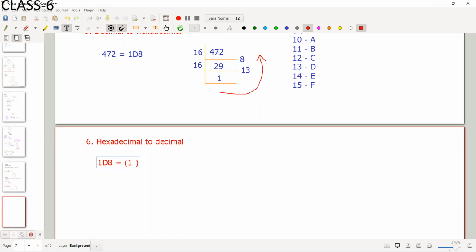So 1 into 16 power 2, plus D is nothing but 13, so 13 into 16 power 1, plus 8 into 16 power 0.